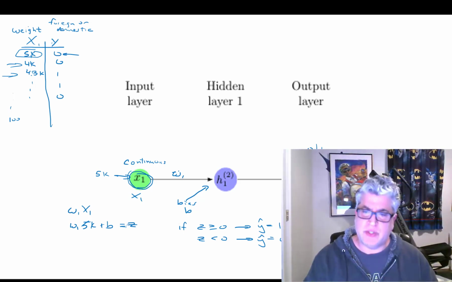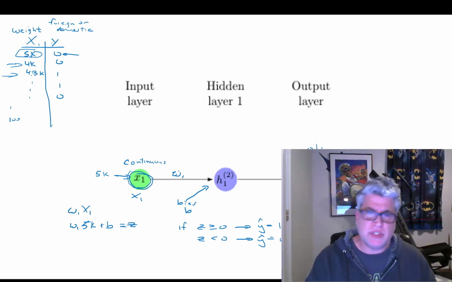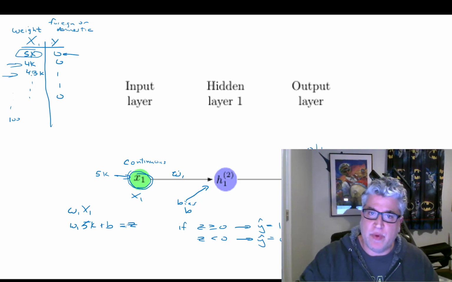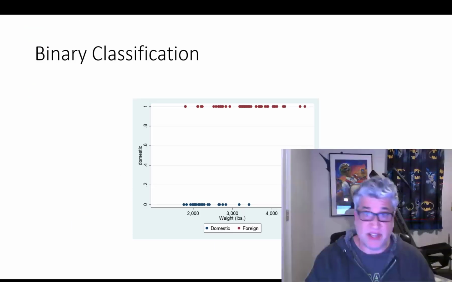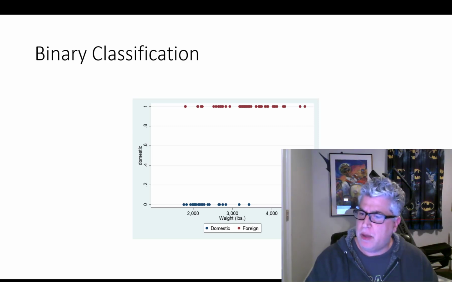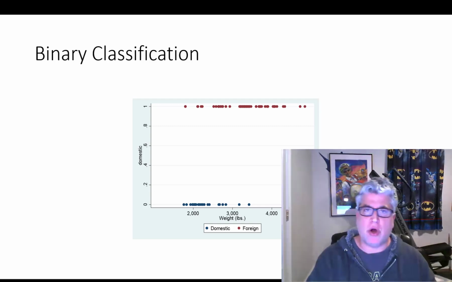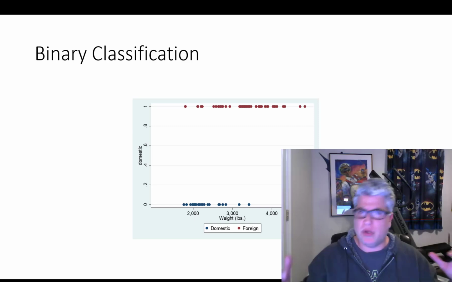So, all right, visually, what's going on here? I actually have data on cars, on their weights and whether they're foreign or domestic, and I've plotted them. This is data from 1978. And this was a period of time when American cars were mammoth, like behemoth cars, or boats on wheels.